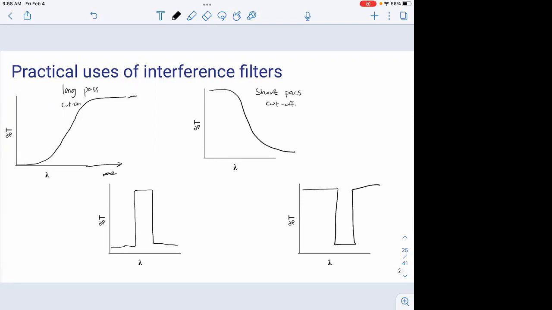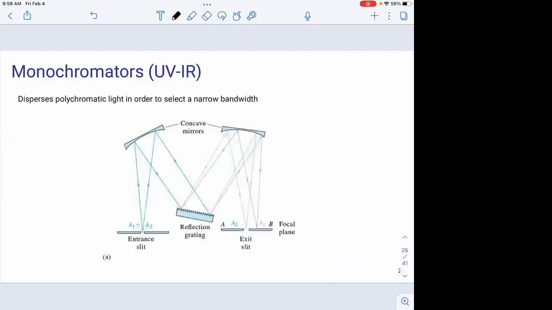That seems pretty obvious. This one, band pass and a notch filter. So here, this is useful if we're trying to get rid of a specific wavelength of light, maybe from a laser, to reduce noise because of a super intense radiation source. All right, so those are the practical uses of those interference filters.